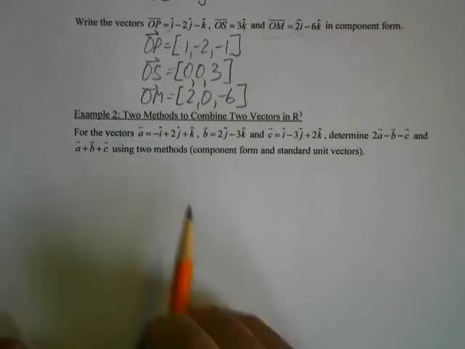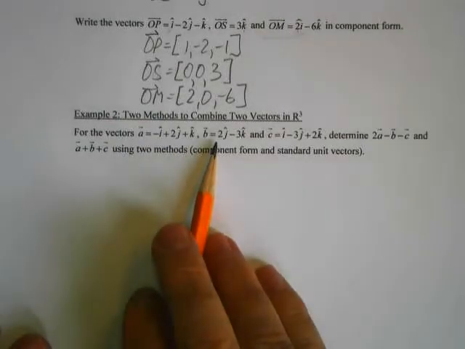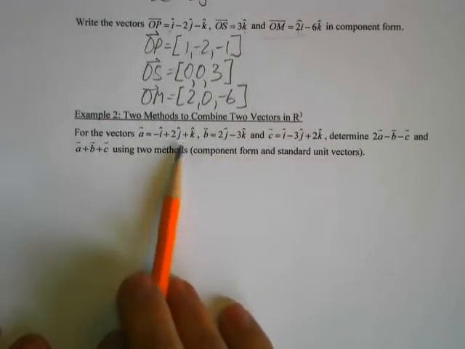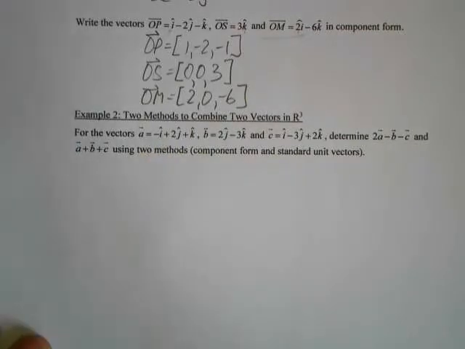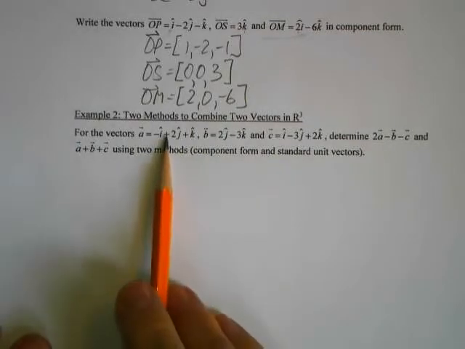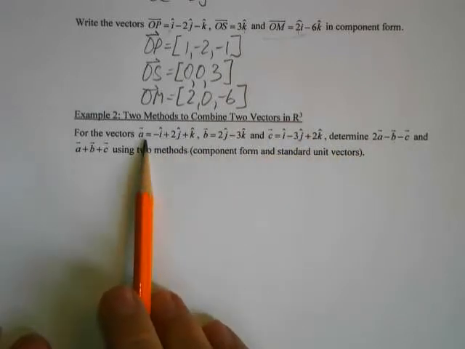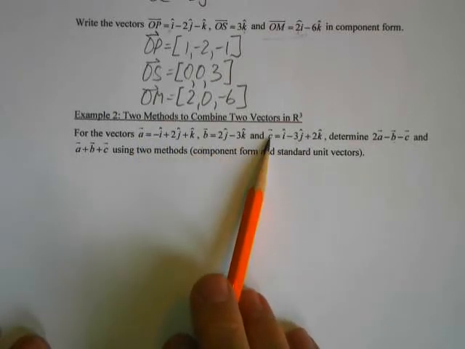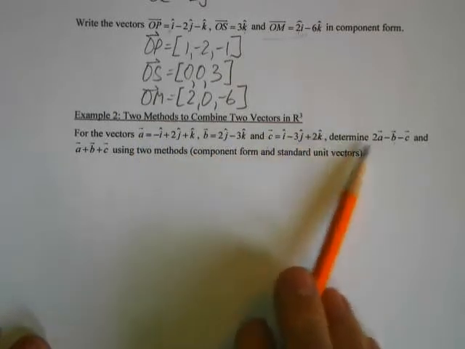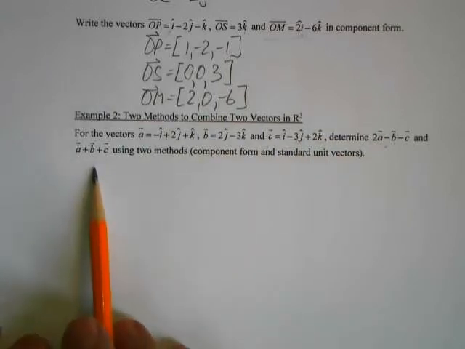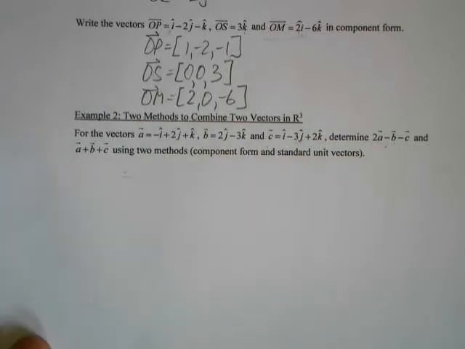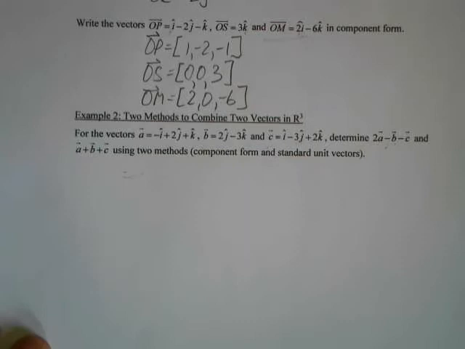Okay, now we're going to combine vectors in R3, and we've got the vectors currently written in the unit vector form using i hat, j hat, k hat combinations. So the vectors we're talking about are vector A, vector B, and vector C. And we want to do combinations of vector A, vector B, and C to come up with the result.